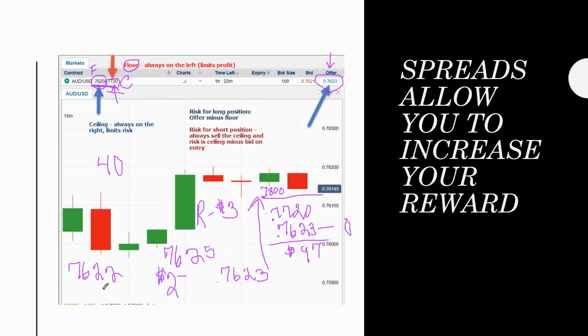In that case, I've actually only lost $1, and the remaining $2 that I paid on entry is returned to me. Does everybody understand that? Now, my best case scenario is I risk $3 to actually make $97. That would be my best case scenario. My worst case scenario is I would have lost $3.